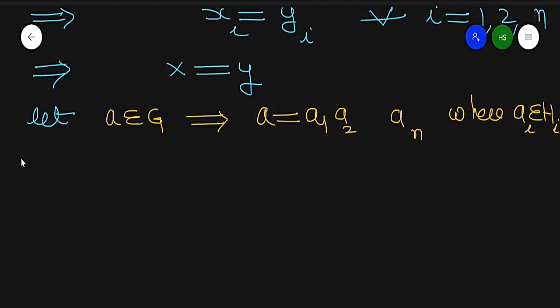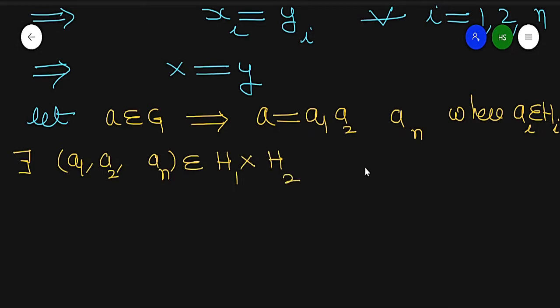So it means there exist a1 belongs to H1, a2 belongs to H2 and an belongs to Hn, so the tuple belongs to H1 cross H2 and so on cross Hn.